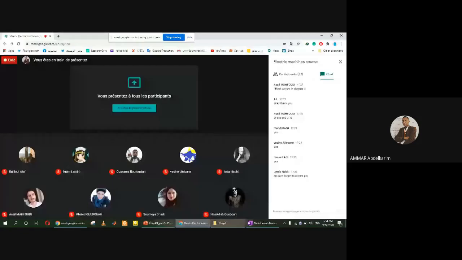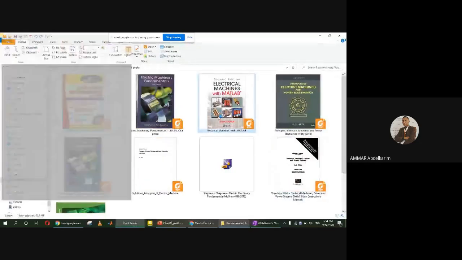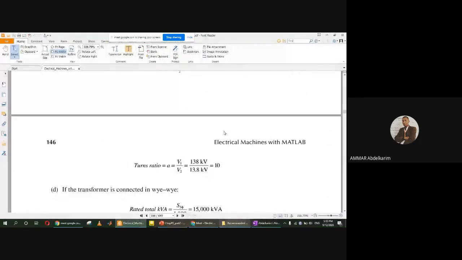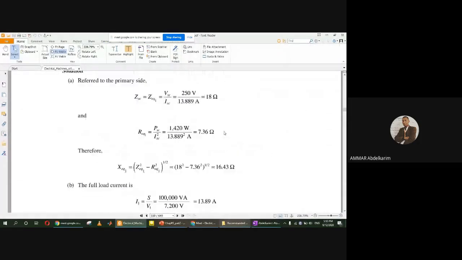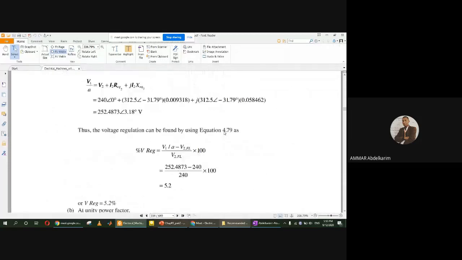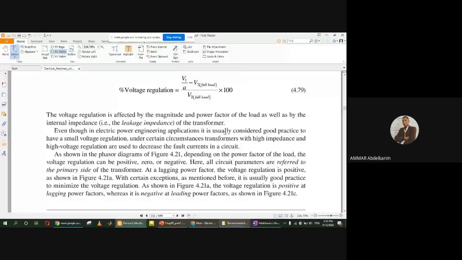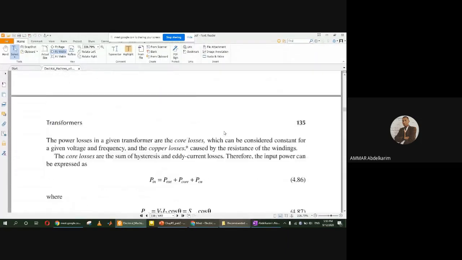Okay. Let me check it. Transformer efficiency.